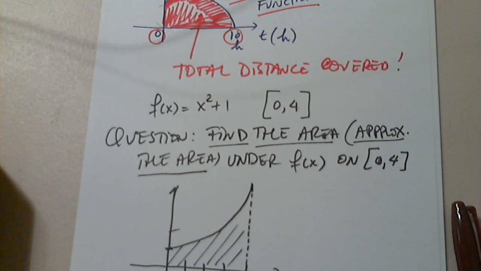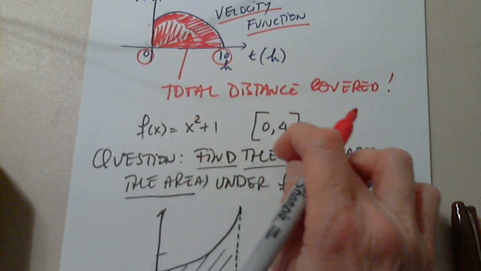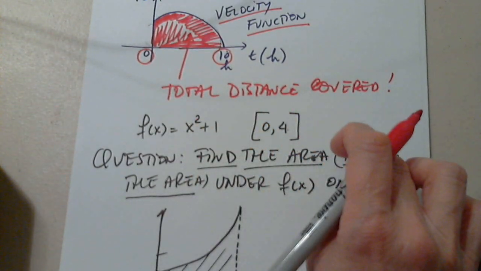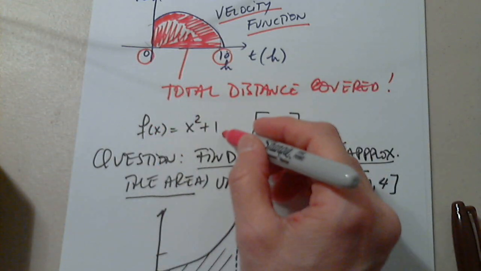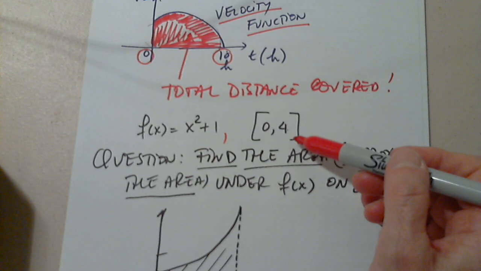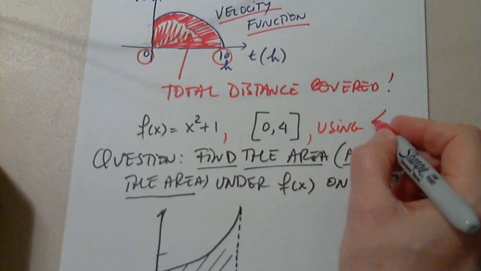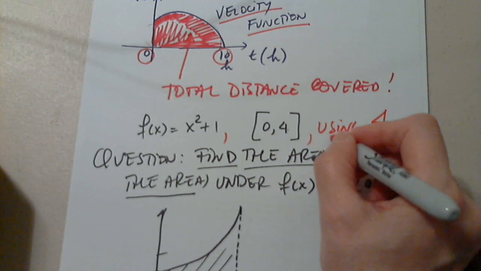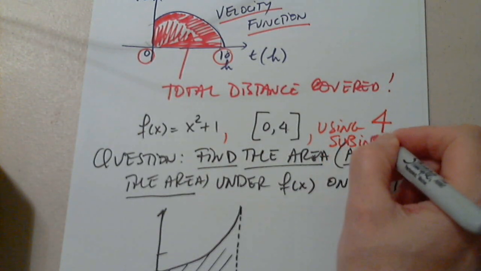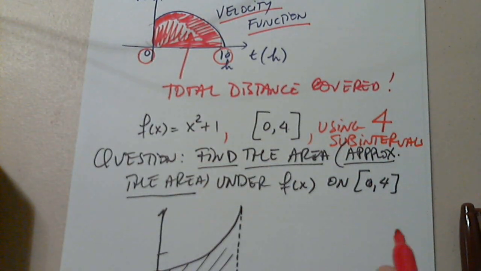Okay, what I'm going to do is continue here. There is one more piece of information. Find the area under the graph of x squared plus 1 on the interval 0, 4, using 4 subintervals. If you don't like the word subintervals, use partitions.